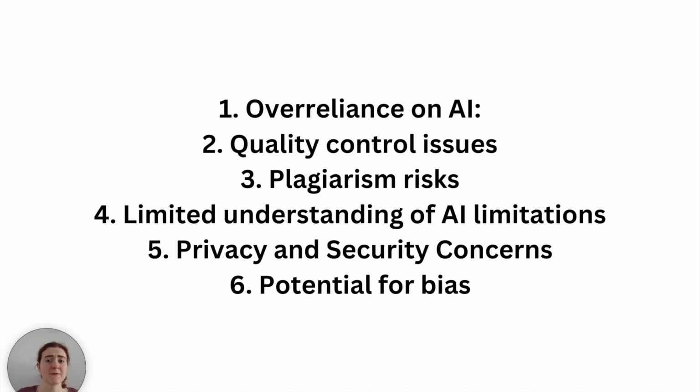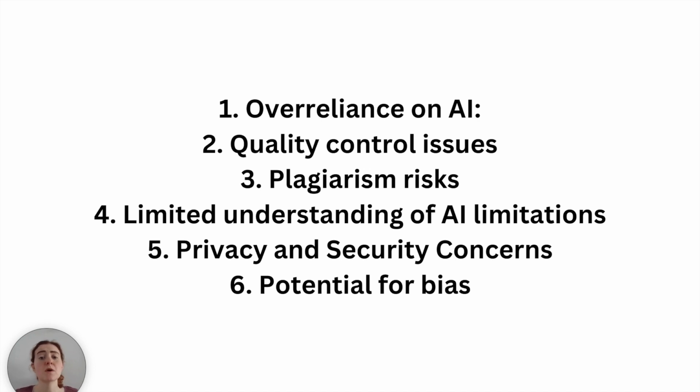The previous benefits were saying you can enhance your research skills by using AI, but when you become over-reliant on it, then it actually decreases your ability to critically analyze and research the topic that you need to research. There are also quality control issues. So if you simply take the information that you get from ChatGPT, you don't know 100% sure whether it's actually accurate or not.